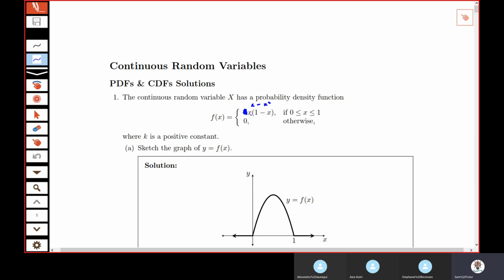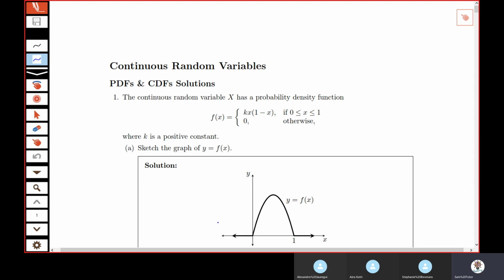So it's a sad parabola, with intercepts at 0 and positive 1, between x is 0 and 1. And then f of x is 0 otherwise, so you have to actually draw those two black lines that you can see at the bottom. Any questions there for that simple question?